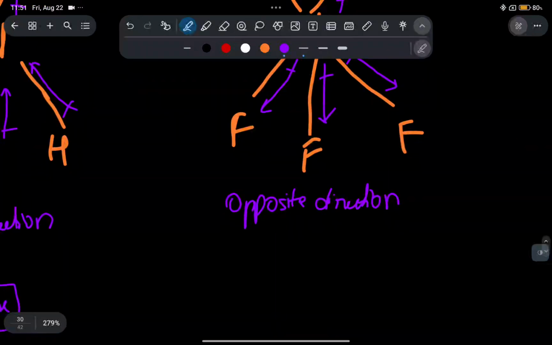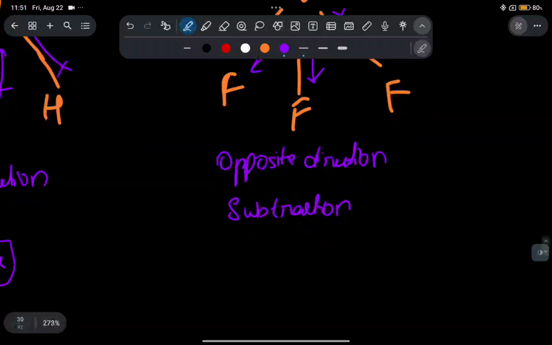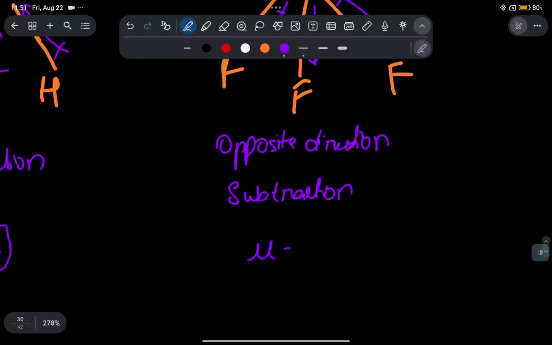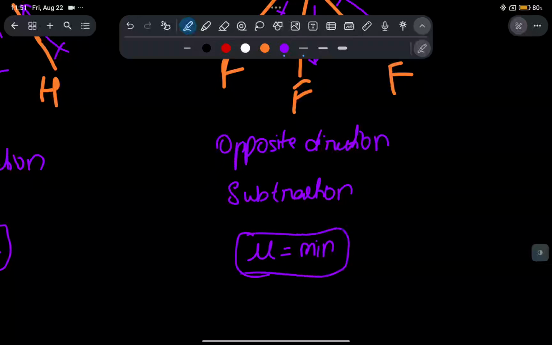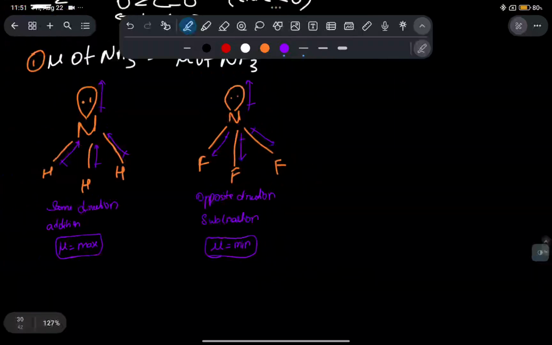So less means subtraction. You should do the subtraction. Okay, then mu value is minimum. Means from the central atom you will do minus here, and from the central atom you will add there.